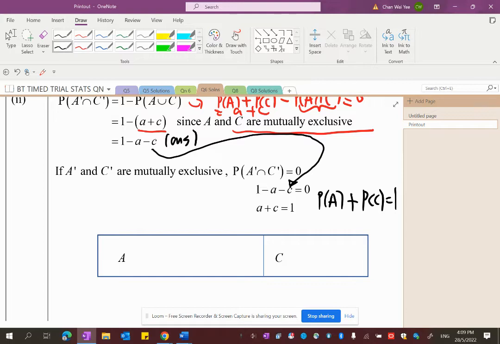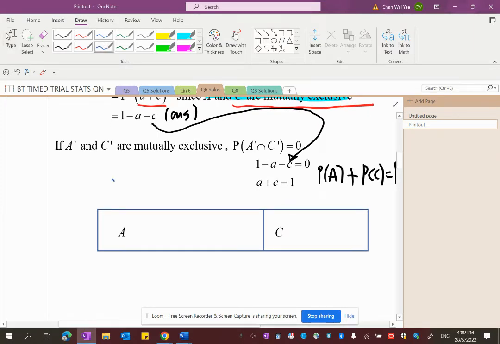1. So if P(A) plus P(C) just nicely equals 1, that means events A and C, when you combine them, are the universal set. And plus the fact that A and C are mutually exclusive, so there won't be any overlapping between A and C. So this is how you should draw the Venn diagram.